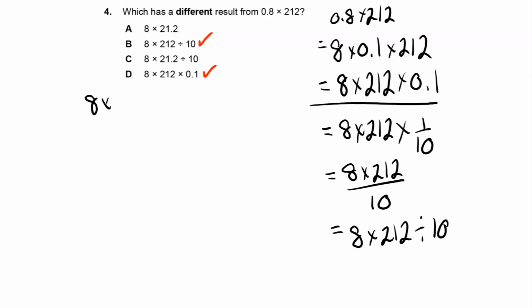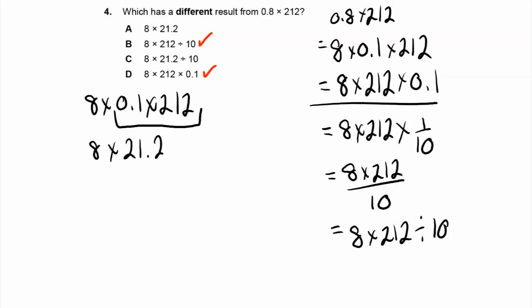Starting back with 8 times 0.1 times 212, one of the things we can do is combine things in different ways. So we initially broke up the 0.8 into 8 times 0.1. We can also, though, group them this way. So we'd have 8 times 21.2, because we've multiplied the 212 times the 0.1, which moves the decimal place 1 to the left.